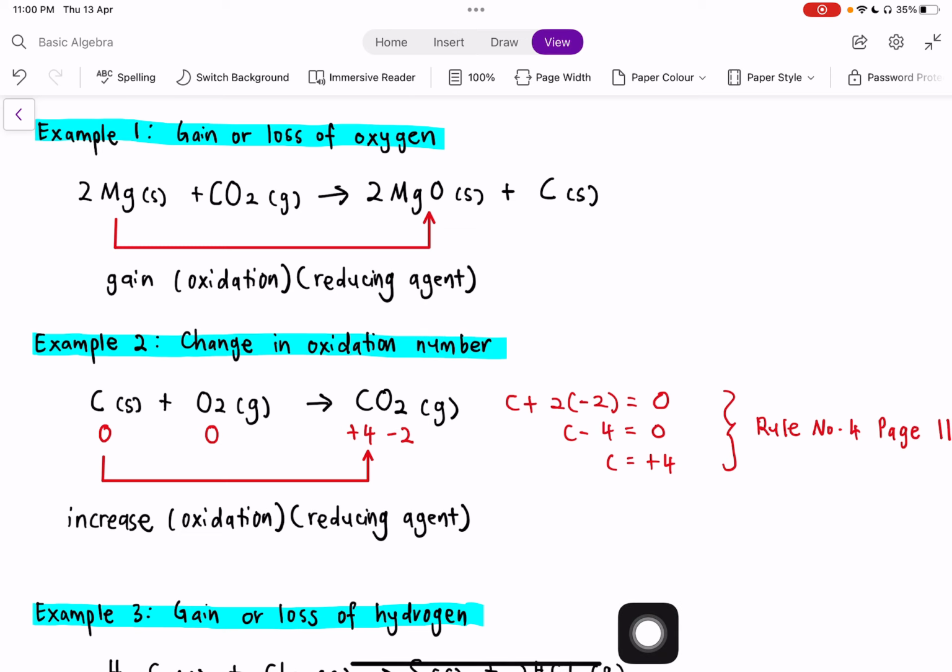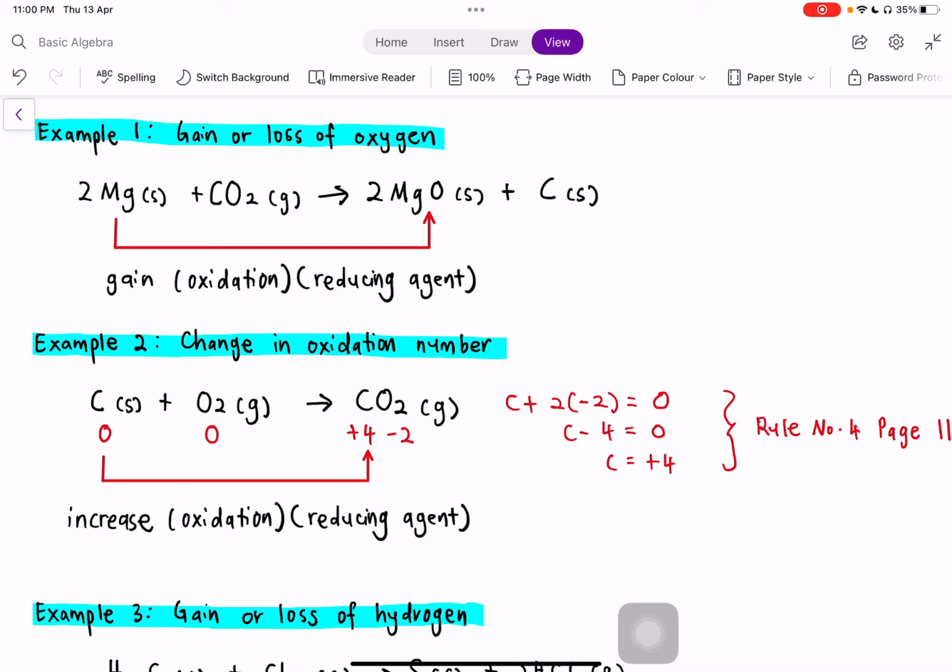Okay, now we look at example 2. Change in oxidation number. Carbon reacts with oxygen gas to produce carbon dioxide.